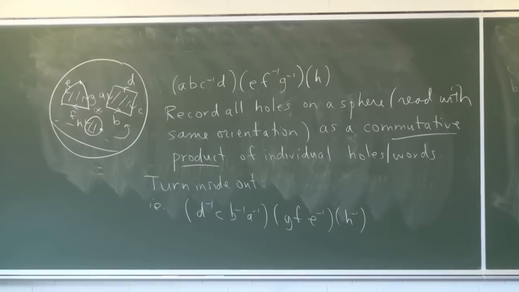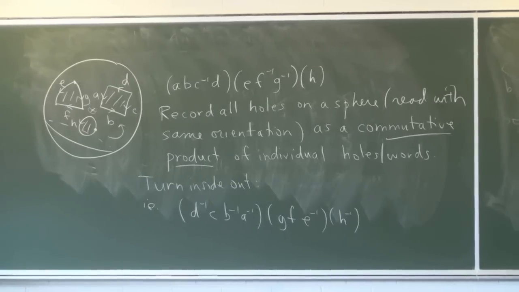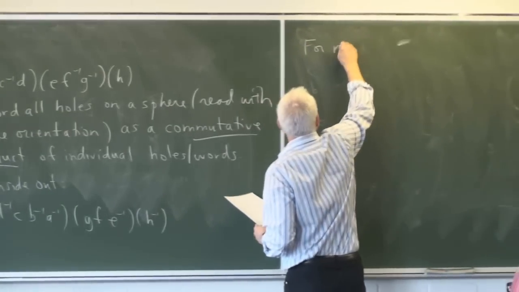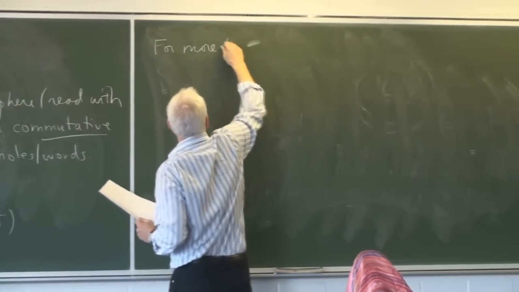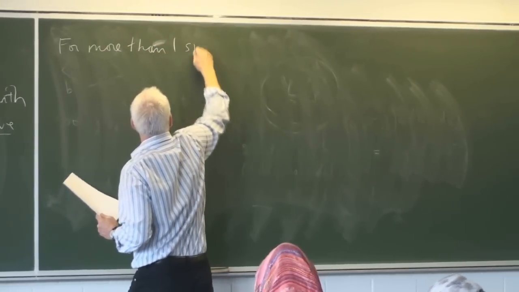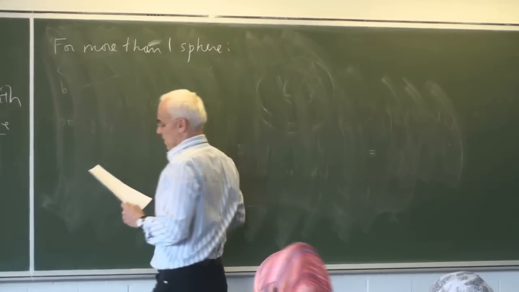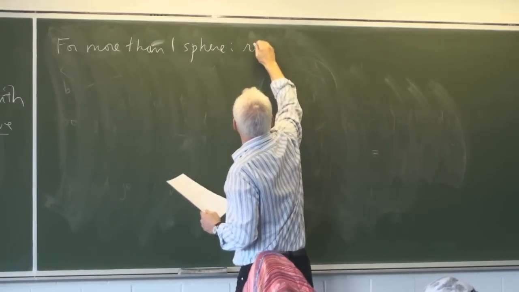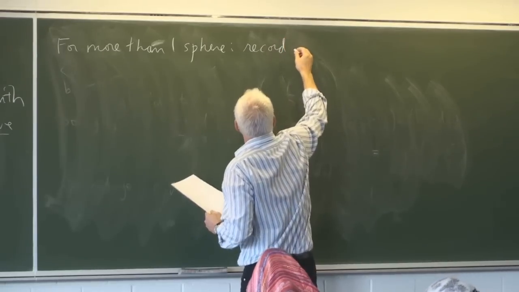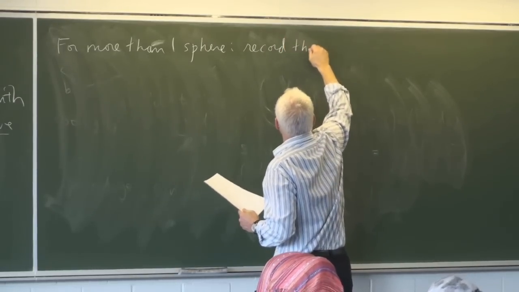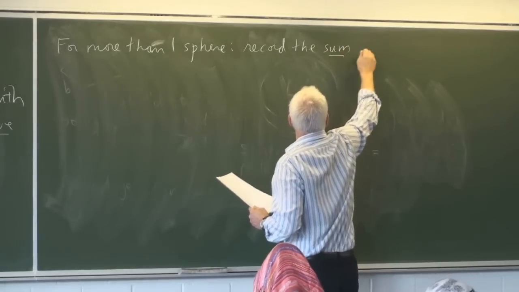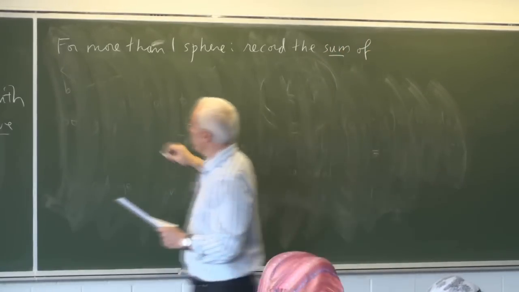But we want to have more than just one sphere. So we have a convention for how to treat more than one sphere. For more than one sphere, what we do is we record the sum of the individual spheres.